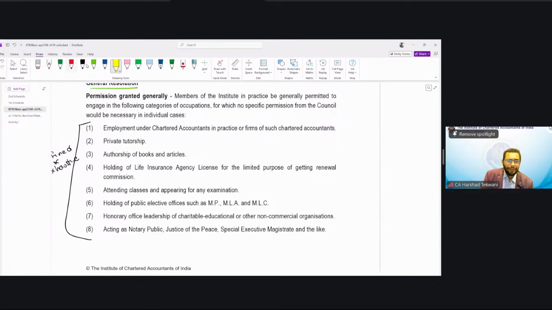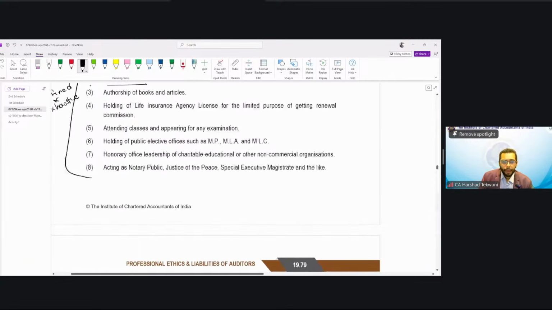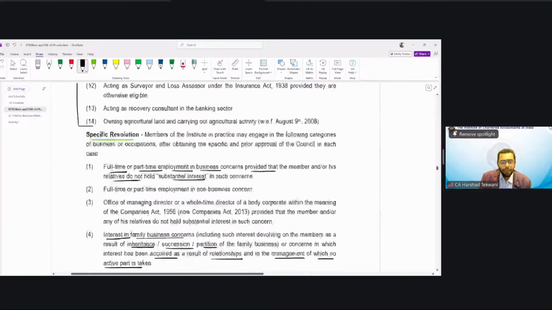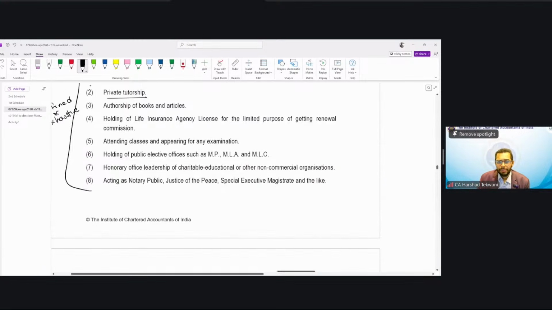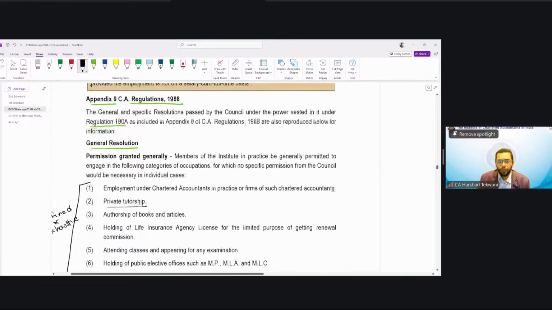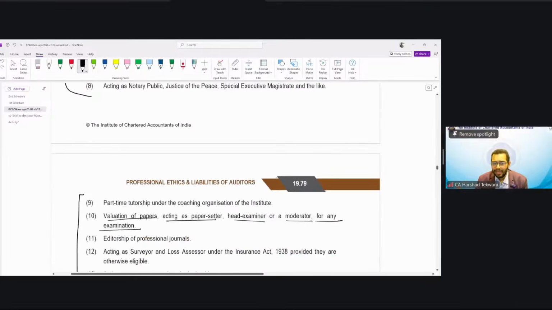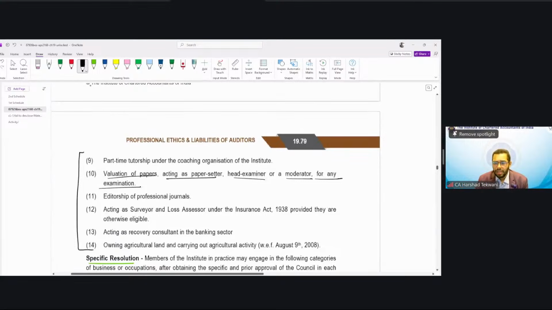If you do private tutorship, it's in the general. Then if you act for the valuation of papers, acting as a paper setter, head examiner, moderator for any examination, that is under the general permission. So if you act in any of these scenarios, it is general permission.